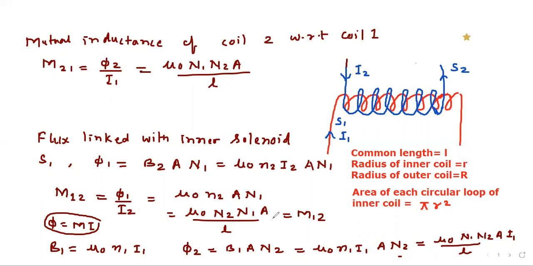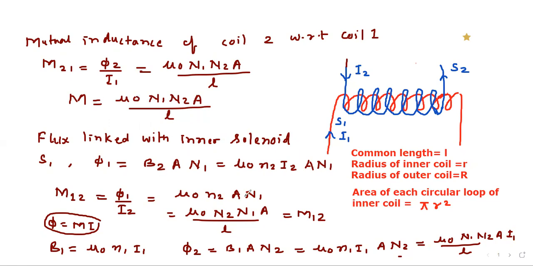If we compare the two results, this is M12 equal to mu naught N2 N1 A divided by L, and this is M21 equal to mu naught N1 N2 A divided by L. Both are same. So we can say that M is equal to mu naught N1 N2 A divided by L. So this is our final expression.